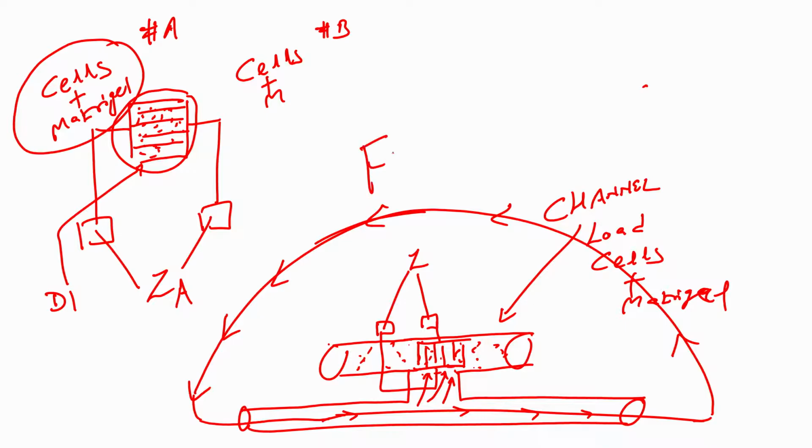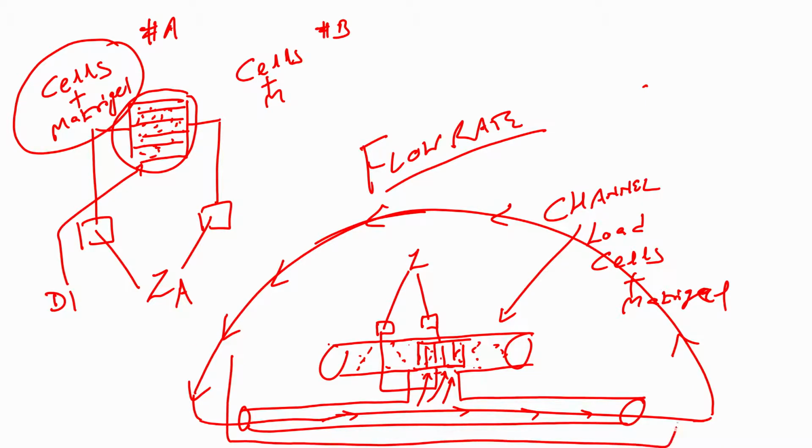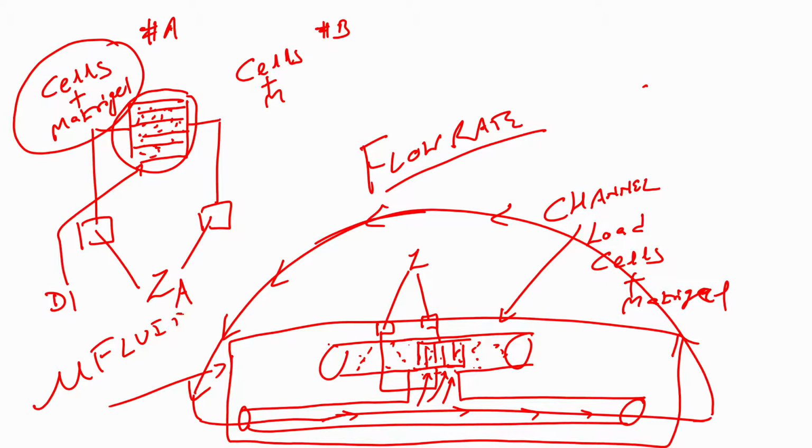So, this flow rate can be designed in such a way as to mimic the diffusion of the drug inside the body. All right. So, this chip that we have designed is a microfluidic chip. The rectangle that I have shown is called a microfluidic chip.